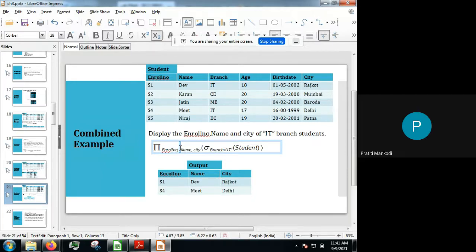Anyways, one thing to remember, you cannot directly implement this algebraic expression with your DBMS because this is a concept, right? This is a concept and on this concept your SQL is created. Fine. So if you want to interact with the database, you need a language. This is a mathematical model on which your language has been formed. So don't ever think, madam, how do I write this?